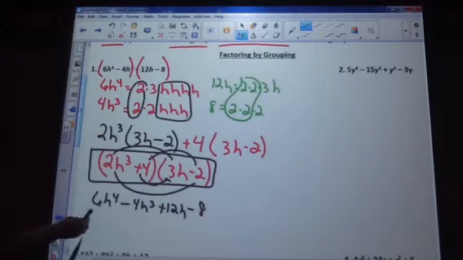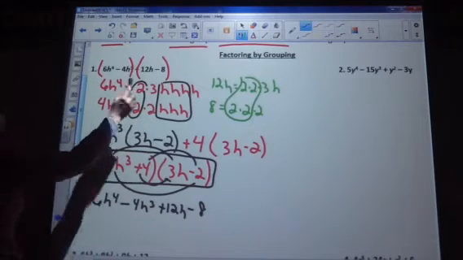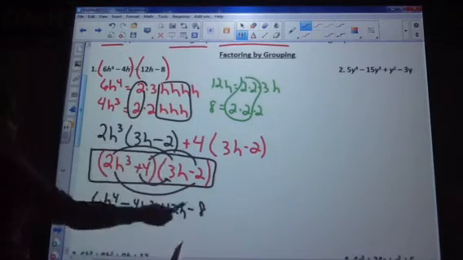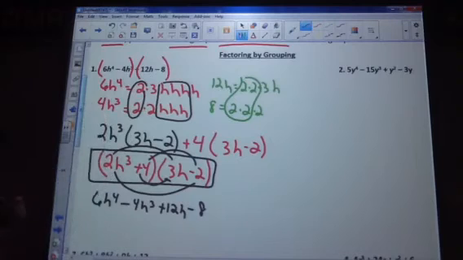So 6h to the 4th minus 4h cubed plus 12h minus 8. This type of factoring is called grouping.